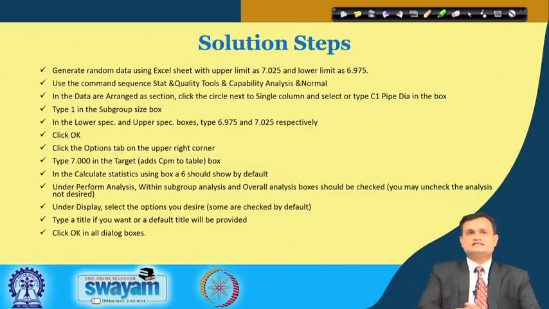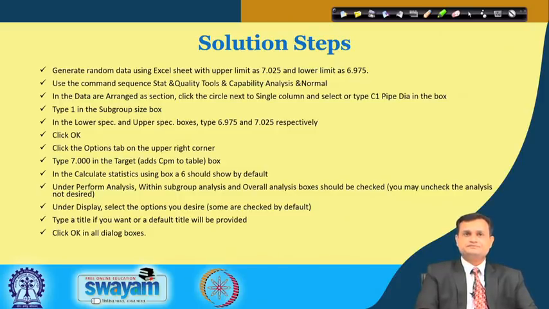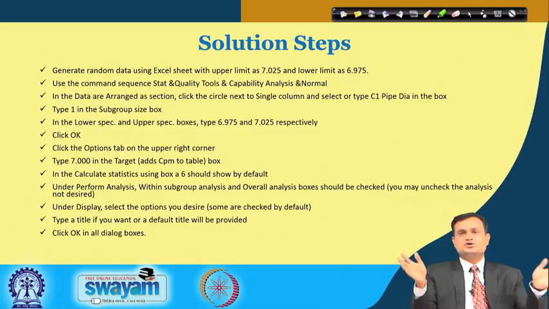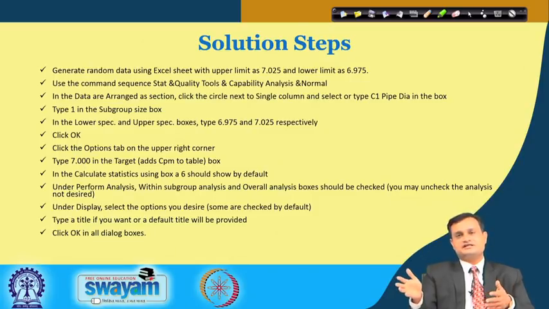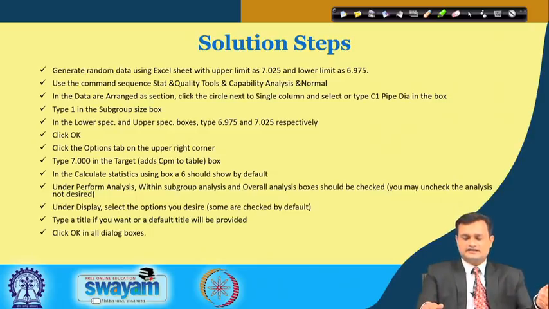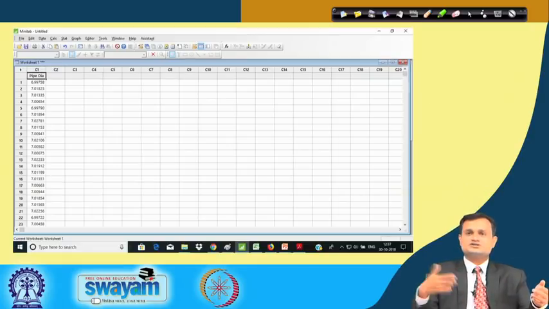So, you can see the steps, it is the same as I mentioned: you open the window, import the data or copy paste the data, define the subgroup size, also enter the upper and lower specification limits, your standard deviation and mean value, and then you just click OK. If you want to conduct 6-pack analysis, choose that option.